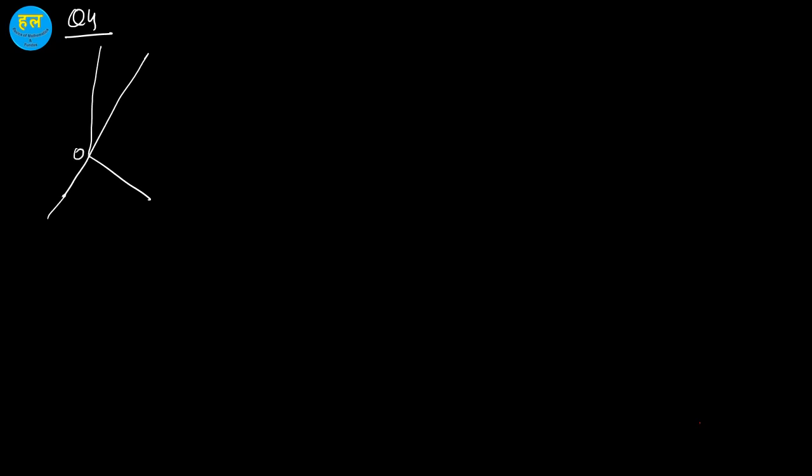This is center O, this ray is A, this point on the ray is B, this point on the ray is C, and this point on the ray is D. And this is X, this is Y, this is W, and this is Z.